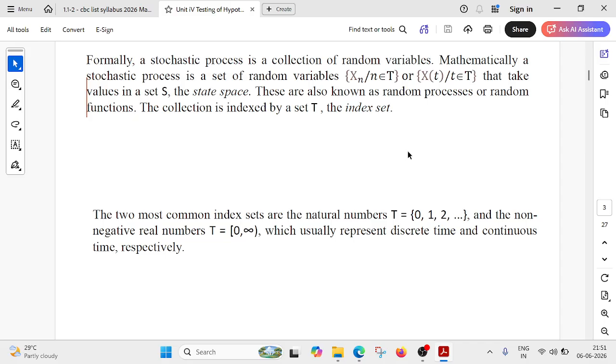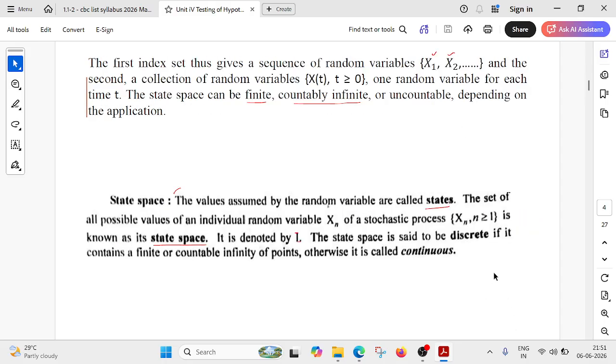The collection is indexed by the set T, which is known as the index set. The two most common index sets are the natural numbers, say T equals 0, 1, 2, 3, and the non-negative real numbers, 0 to infinity, which represent discrete time and continuous time respectively.